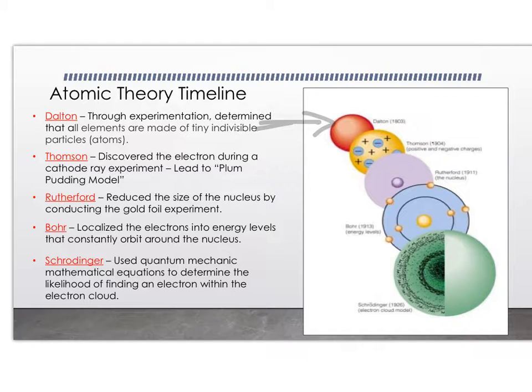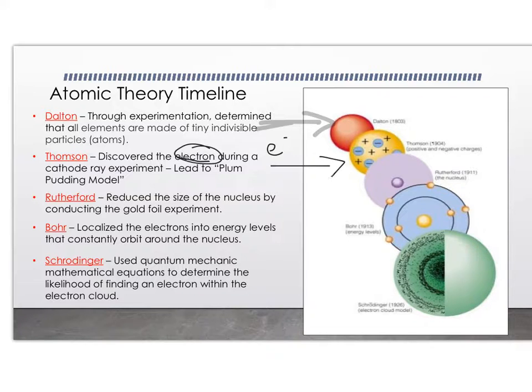Thomson came in later on and he did this experiment known as the cathode ray tube, which will be on the next slide. And what he did was that he discovered the electron. That's the particle with a negative charge. And he did the cathode experiment, which led to the plum pudding model.